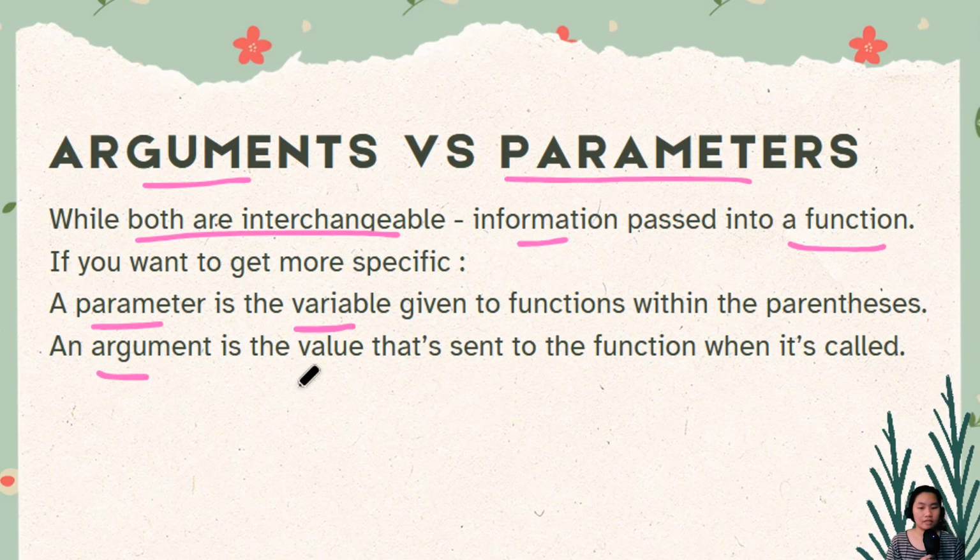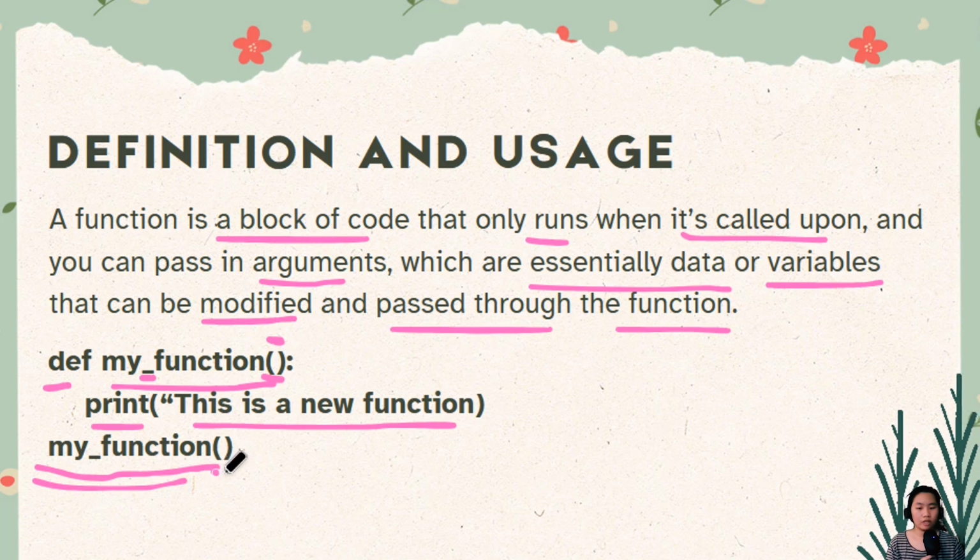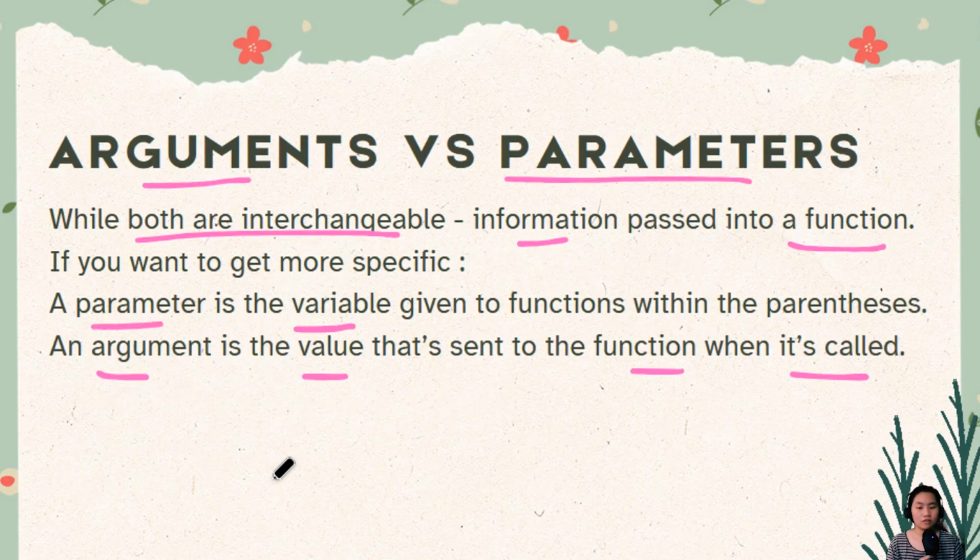And an argument is the value that's sent to the function when it's called. So an argument would be over here, okay? Parameter, argument. But they're essentially the same thing, okay? So you can use them interchangeably unless you want to get really technical.